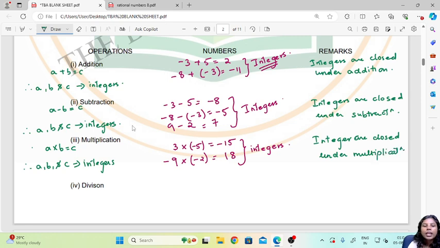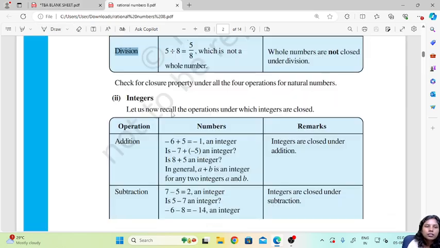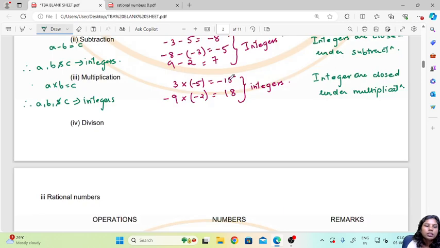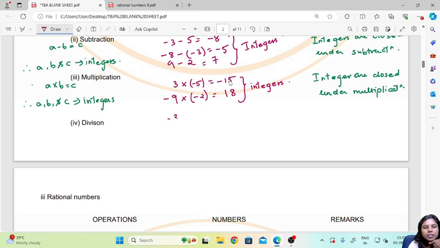Correct? Last we have division. Now let's look at the division part of it. Example, say I have -3 divided by 5.